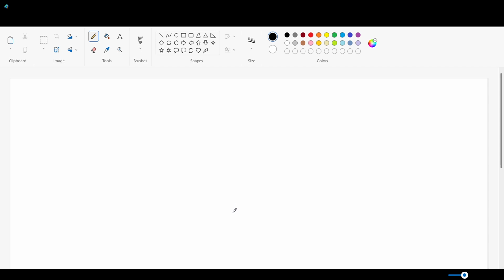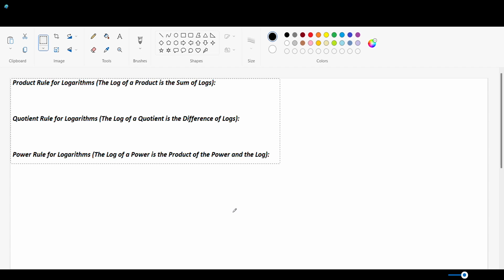So let me first start by summarizing a couple of rules for logarithms which will be used for simplifying or just rewriting logarithms as a single logarithm. First of all, the product rule of logarithms, which basically means the logarithm of a product is the sum of logarithms.